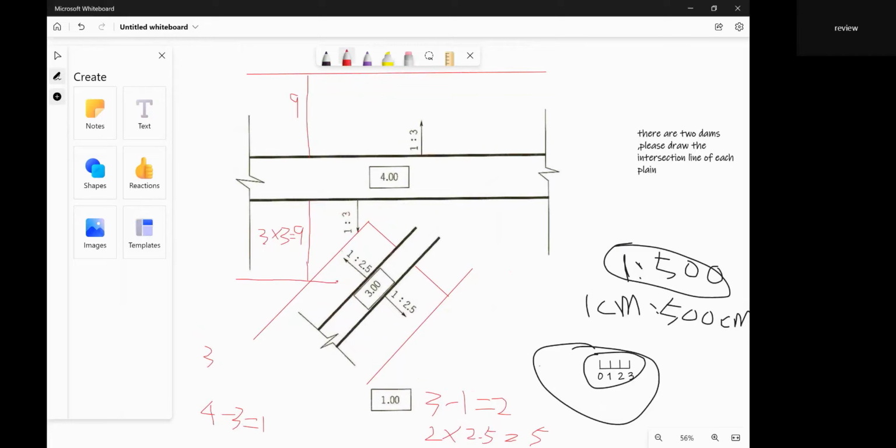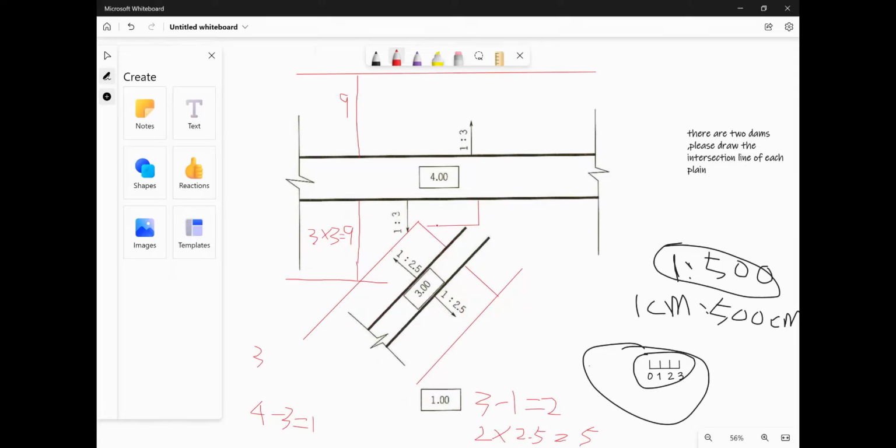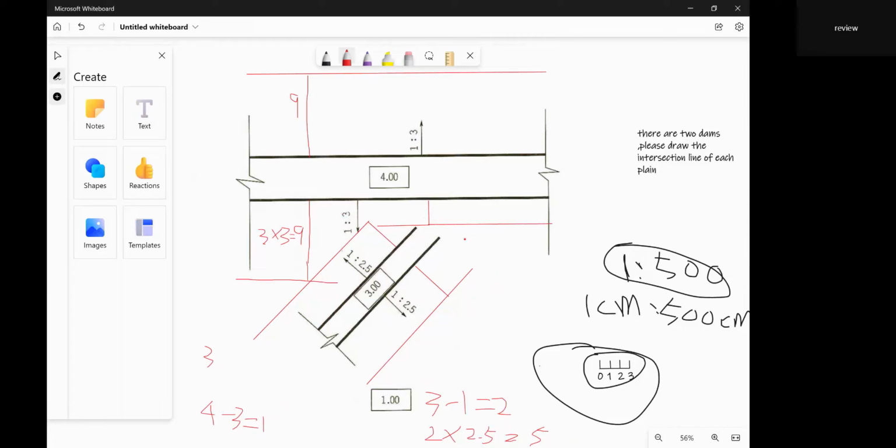The slope is 1 to 3, so the distance is 3. For example, this one is 3, and then draw a line. Then prolong this part, prolong this part.